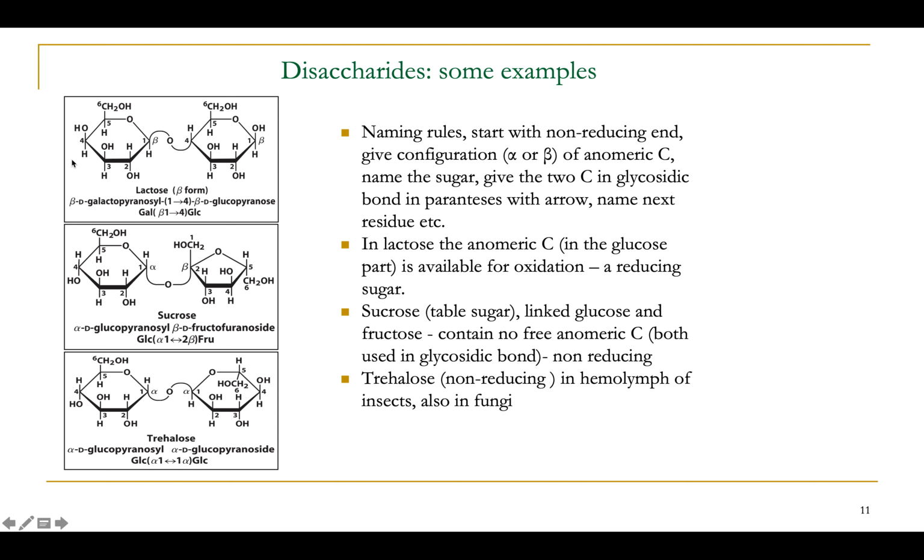So the galactose residue is the non-reducing end. However, the glucopyranose residue still has anomeric carbon free, so it could be oxidized, so it forms the reducing end, and this will be altogether a reducing sugar.